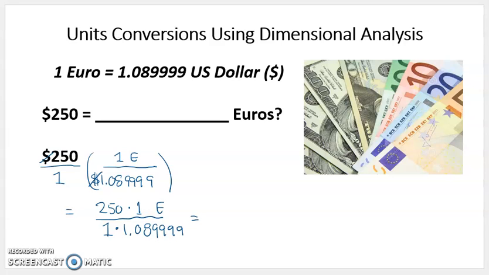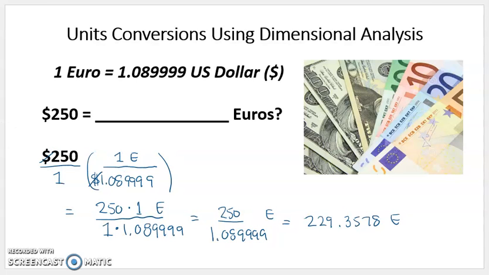So that will give me 250 times 1 divided by 1.089999, and that's euros, and that equals 229.3578 euros again. So notice, it didn't matter how I converted, which factor I used, I came up with the same value.